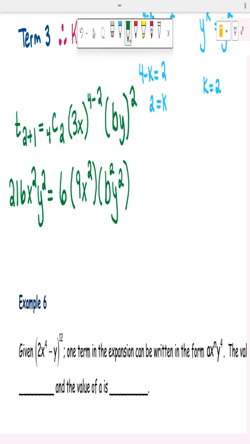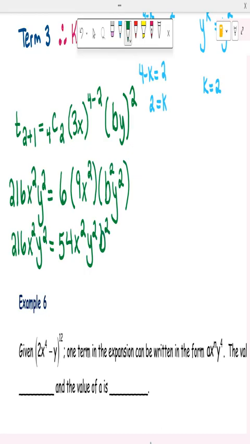All right, so then from here, we can solve this. So we have 216 x squared y squared equals 54 x squared y squared b squared. Can we divide that whole 54 x squared y squared off? Because we're solving for b, so we're isolating b.